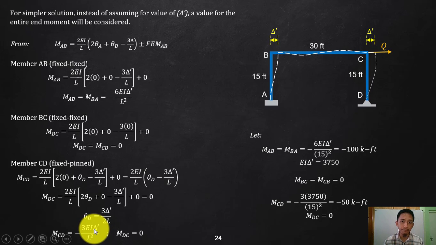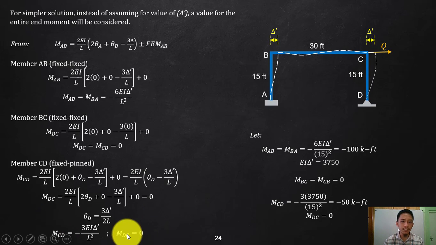So negative, because we assume delta prime to be going to the right, so positive. However, you need to consider again your MDC is 0, even if we have that equation. You can write that as simply 0, so that you will not end up with a longer solution.